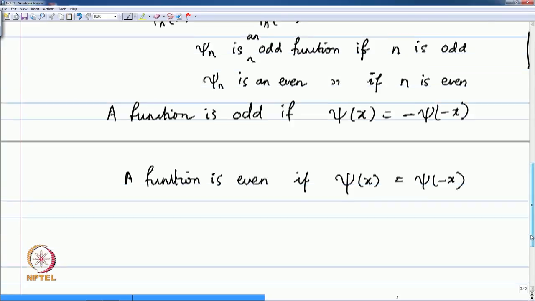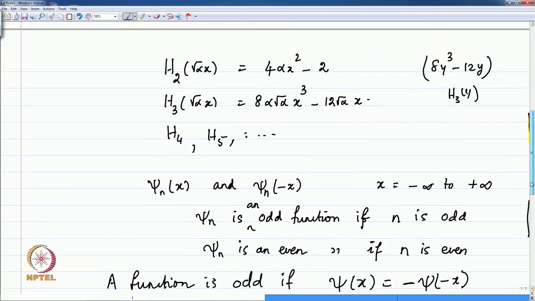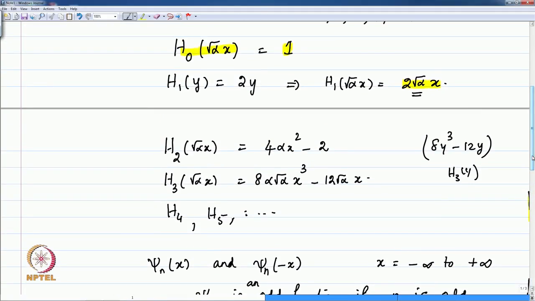And with this definition in mind, you will immediately see that the odd numbered Hermite polynomials, namely h1, h3, and if you recall h5, it contained x raised to 5, x cube and an x, nothing else.